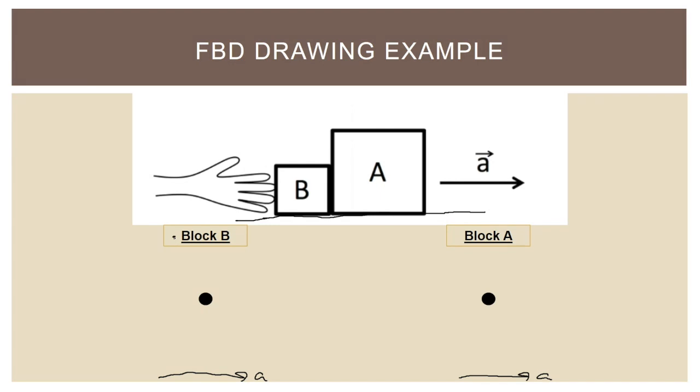Block B is interacting with the Earth, and so we are going to see a force from that interaction. Block B is interacting with the table, so we are going to see a force from that interaction. Block B is interacting with the person's hand, so we're going to see a force from that interaction. And block B is interacting with block A, and so we're going to see a force from that interaction.